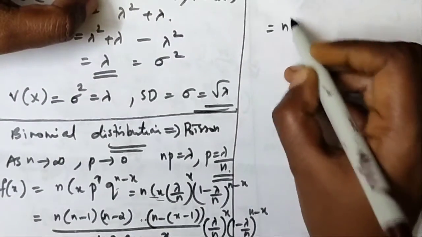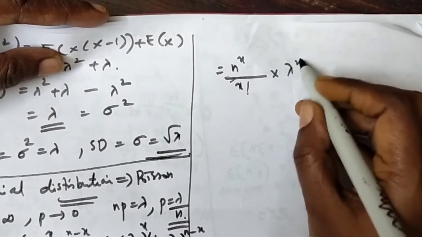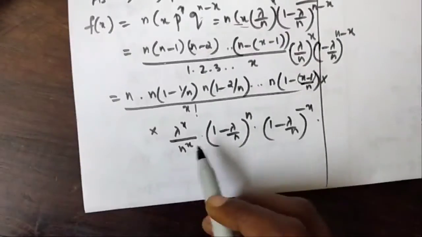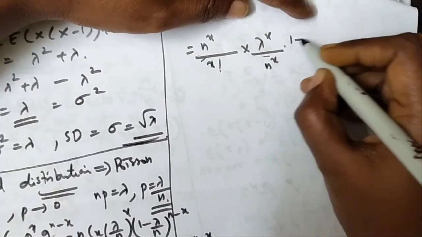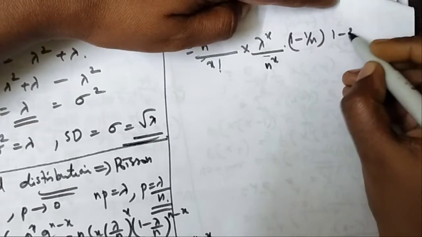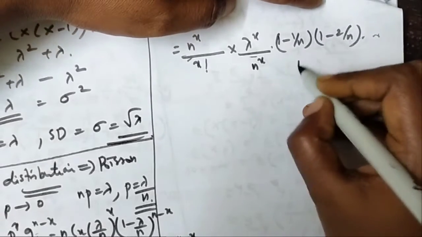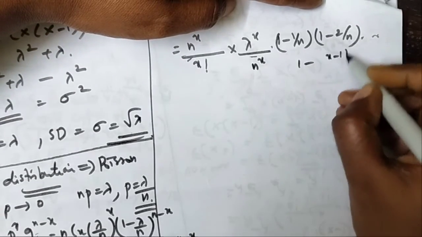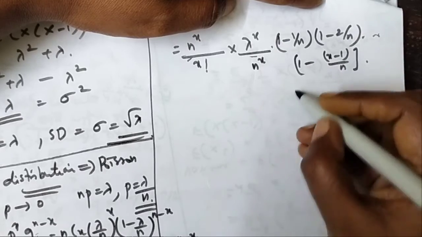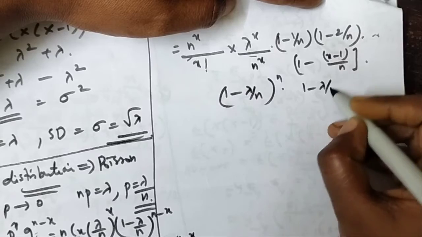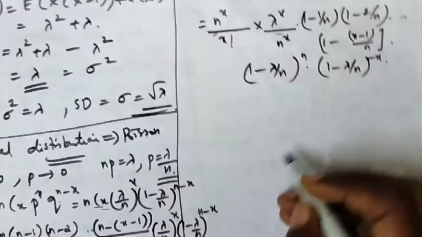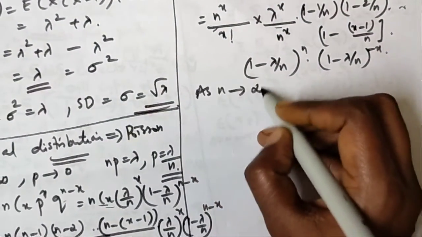So this is n raised to x by x factorial into lambda raised to x by n raised to x into, in the numerator, (1 minus 1 by n), (1 minus 2 by n) and so on up to (1 minus (x minus 1) by n), into (1 minus lambda by n) the whole raised to n into (1 minus lambda by n) the whole raised to minus x. Now we have to apply n tends to infinity.